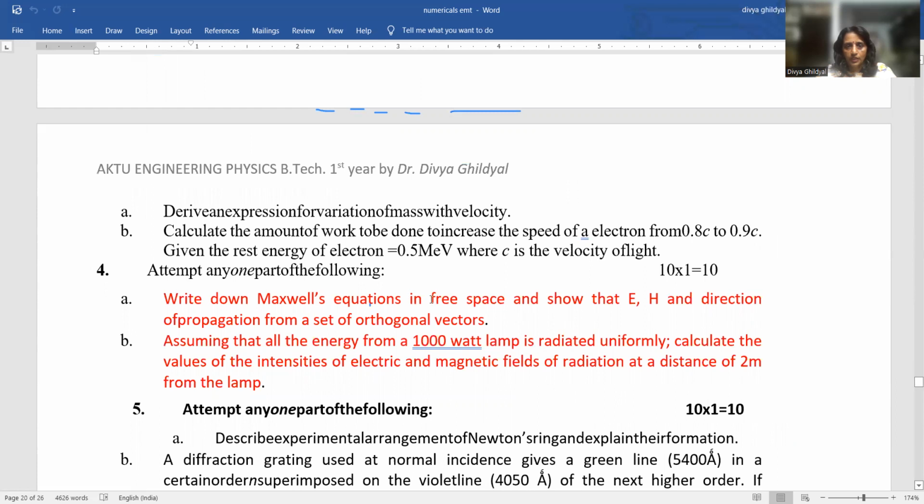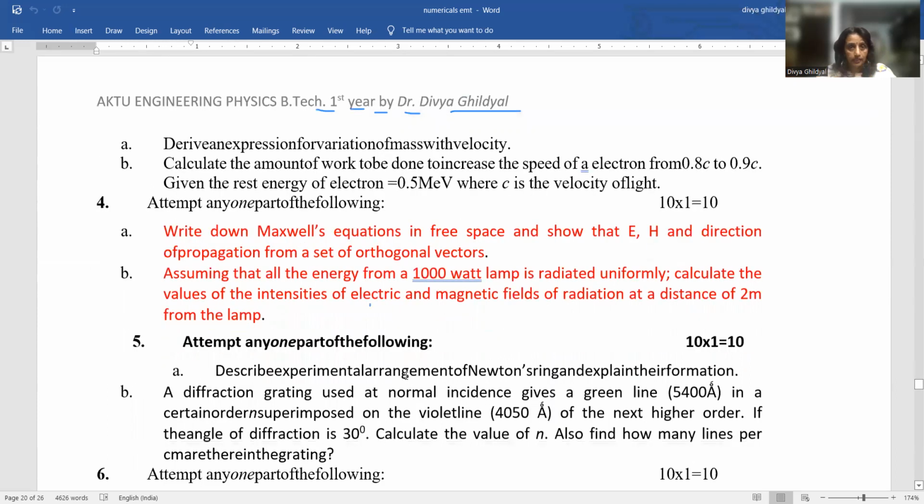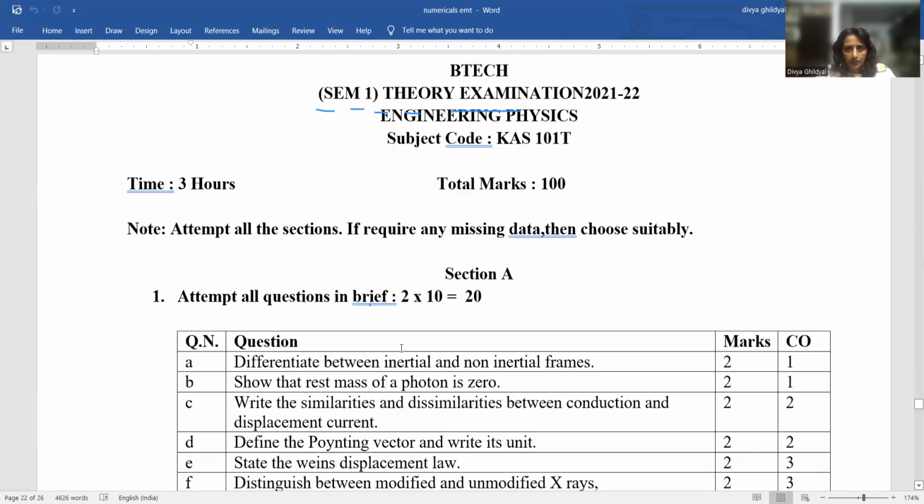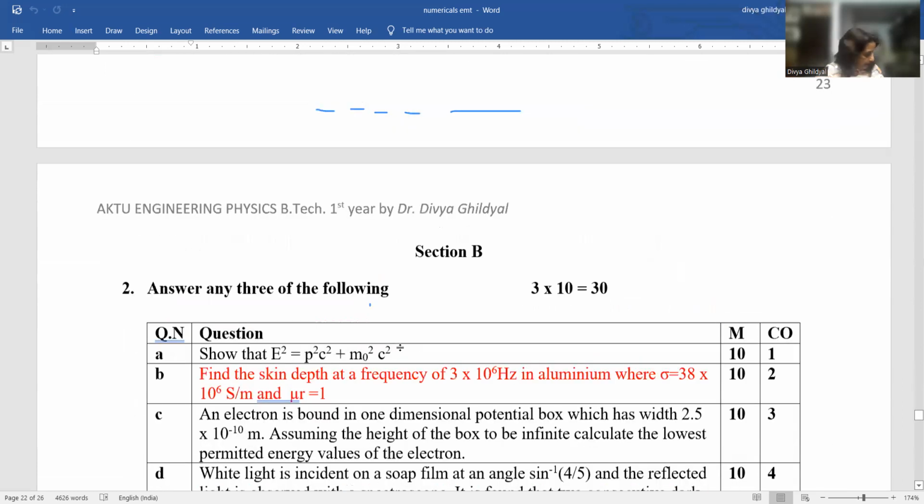Write down Maxwell's equations in free space and show that E, H and direction of propagation form a set of orthogonal vectors. Lecture 4, you will get the solution for this question. Assuming that all energy from a 1000-watt lamp, this numerical I have just solved with you right now, you will get the solution. Next paper, let us see, 2019-20, I think must have been the next semester.